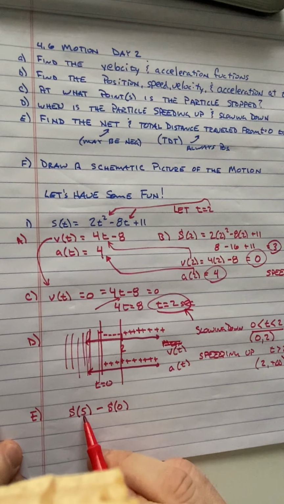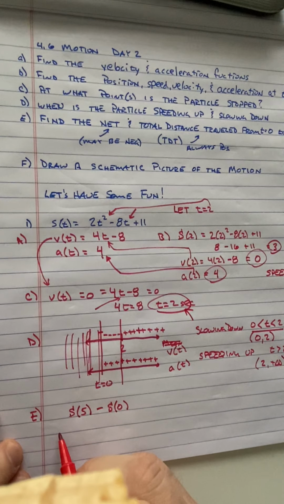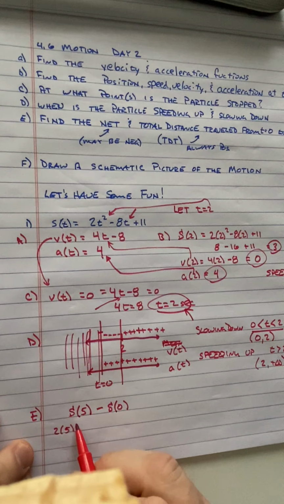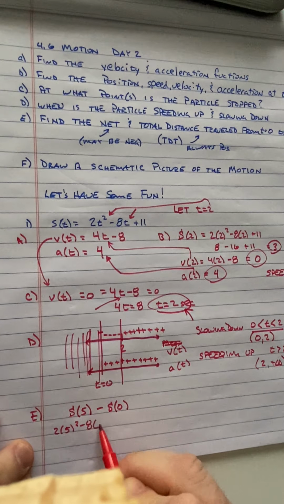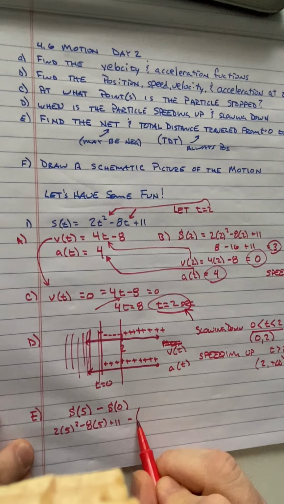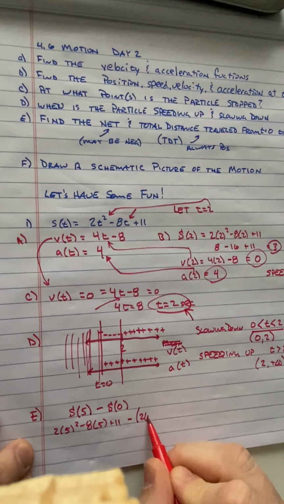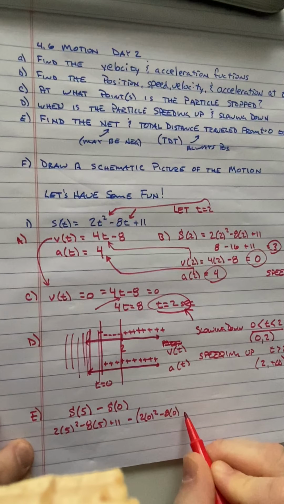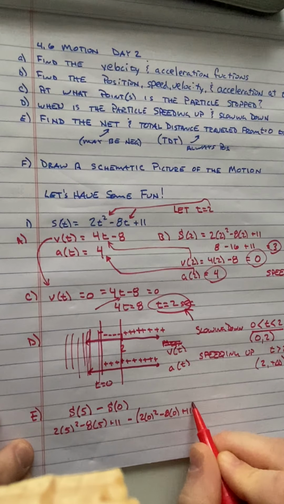We have to throw 5 into that position function. So throwing a 5 into the position function, it looks like this. Then we throw a 0 into that position function, and when we do that, it looks like this. Some of this stuff you guys probably can do in your head.